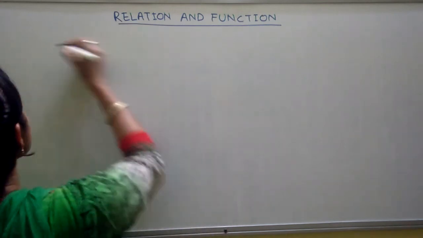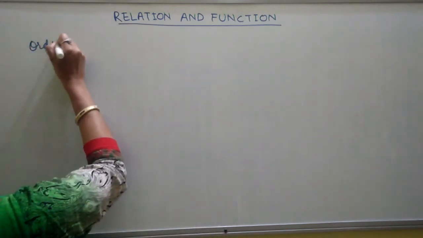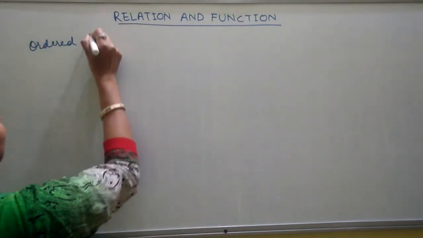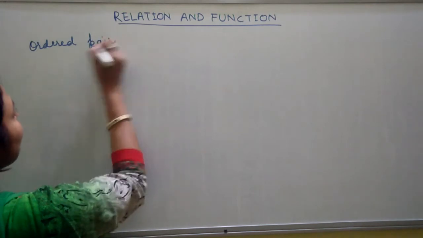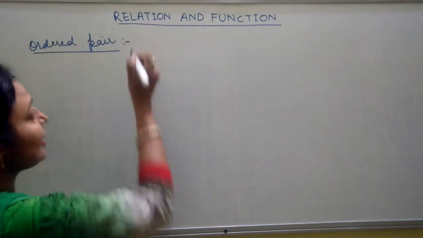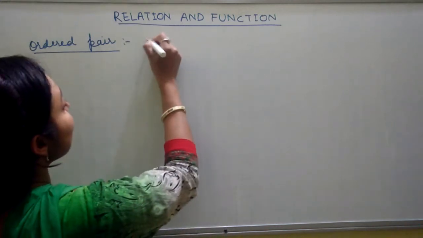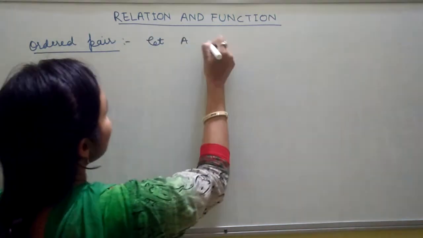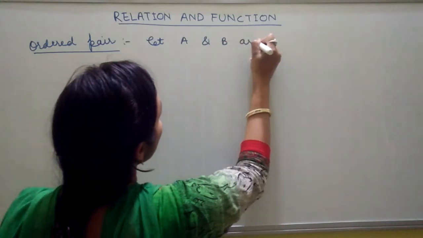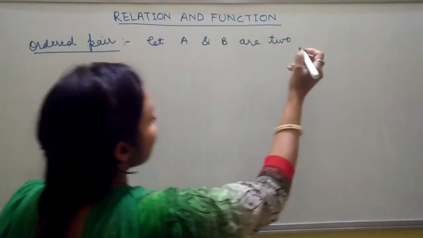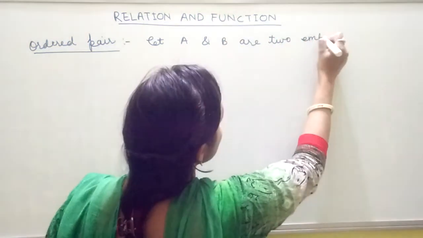First is ordered pair. These basic concepts we have already studied in class 11. What is an ordered pair? Let A and B be two non-empty sets.